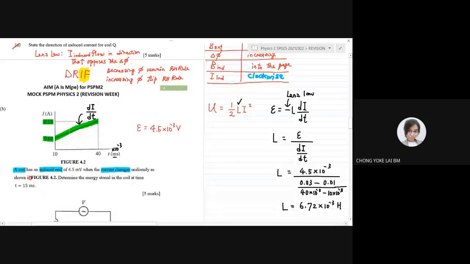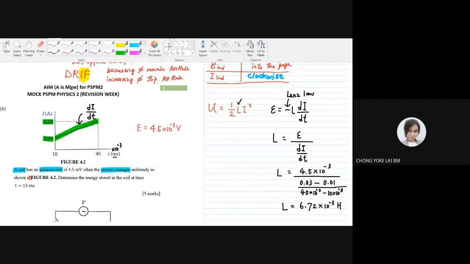Dan kita kena dapatkan nilai current. Tapi kita tak bolehlah simply gantikan 0.01 ataupun 0.03 untuk current ni. Sebab ini adalah nilai current pada 10 millisecond. 0.03 adalah current pada 40 millisecond.